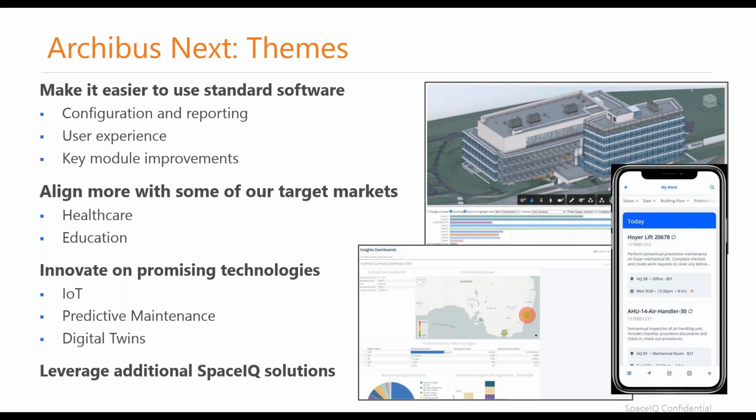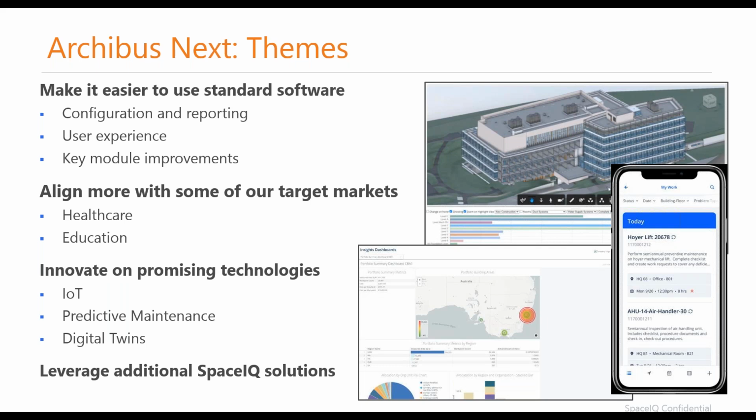We want to innovate on promising technologies. A lot has been made over the years, and even more so in these pandemic times, of back to work, leveraging IoT for space utilization as well as for predictive maintenance. We want to be able to innovate on those promising technologies, and I mentioned digital twins before.